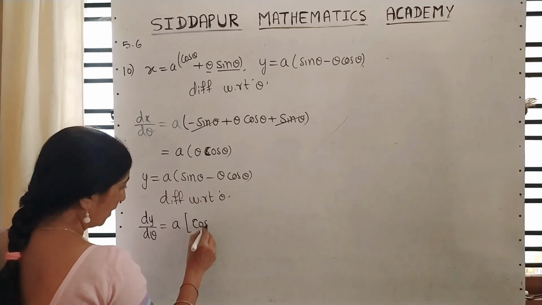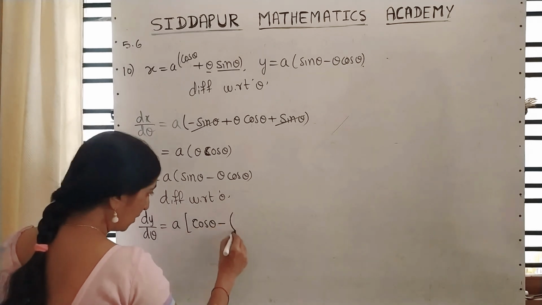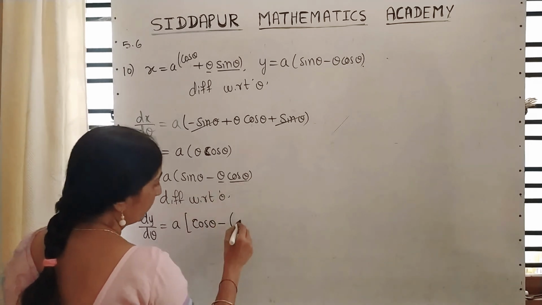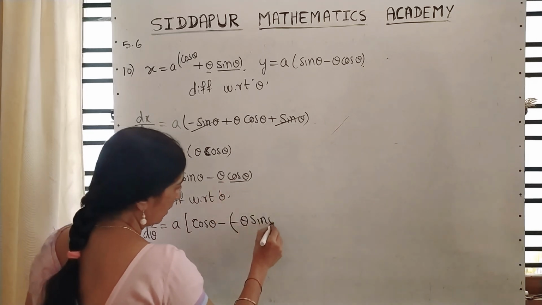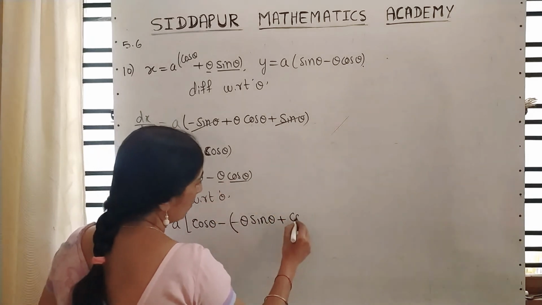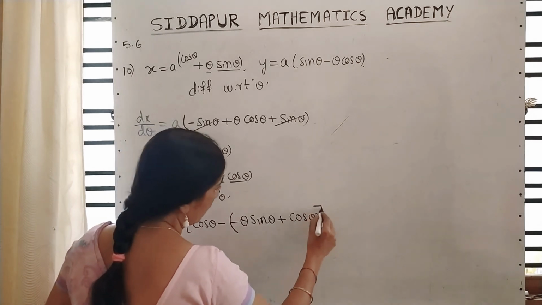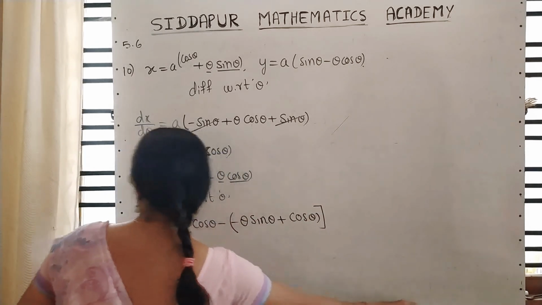Differentiation of sin theta is cos theta, middle minus. This is u, this is v. Theta as it is. Differentiation of cos is minus sin theta plus cos theta as it is. Differentiation of theta with respect to theta is 1.